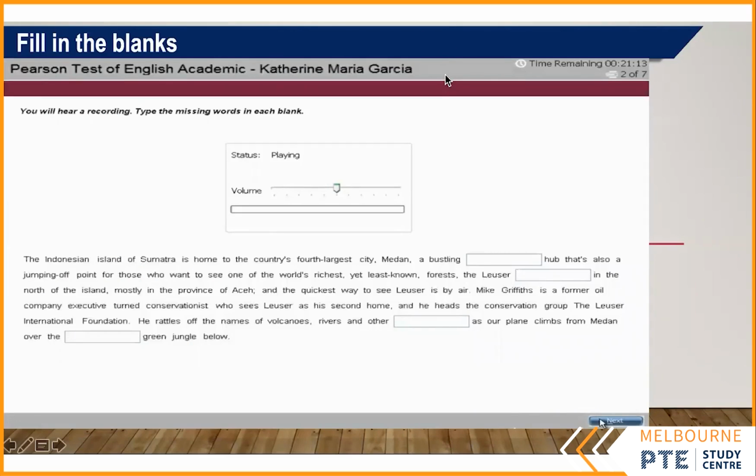Now, question is that when I'm listening to the audio, where am I writing down the blanks? In the notepad or directly into the computer? The answers, am I writing them down in the notepad that will be given to me, or directly into the computer?